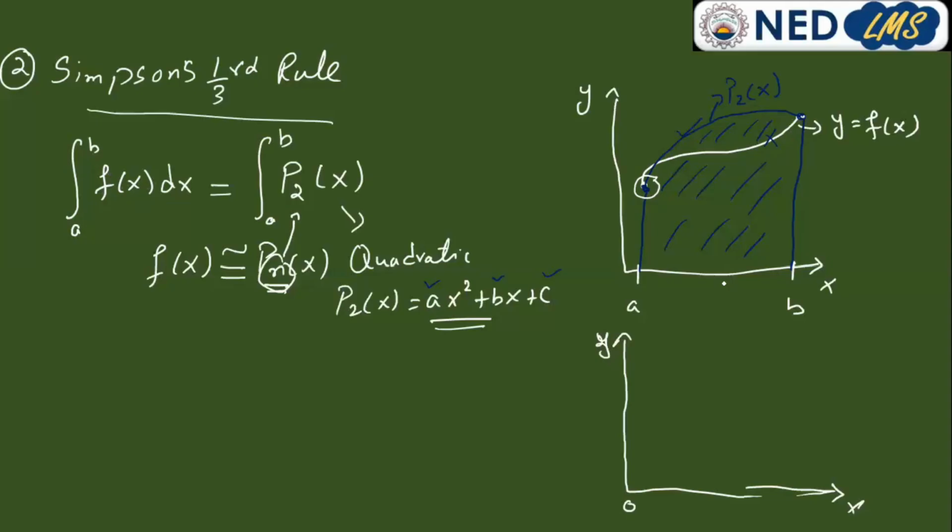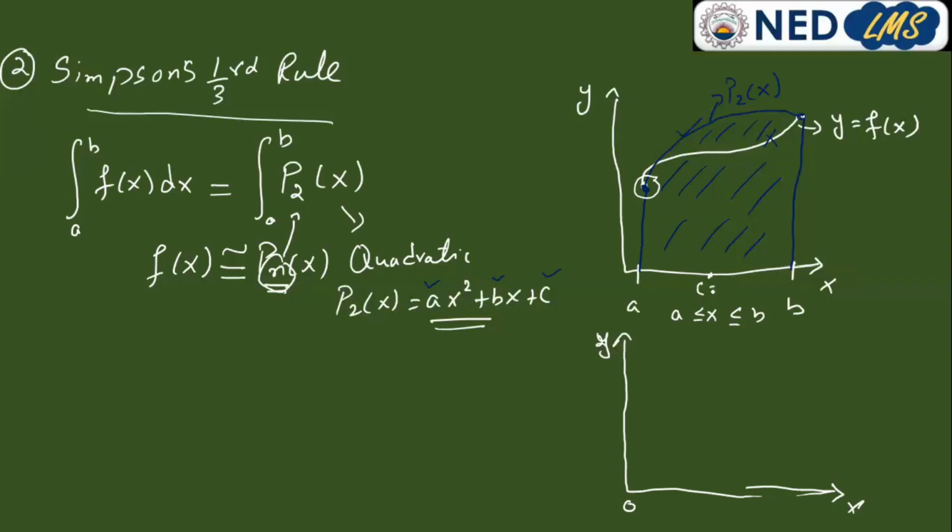But what I know is that I can select any point from a to b, because all the x's are between a and b. For example, in Simpson's one third rule, for our ease, we select the midpoint. If I select the midpoint of this interval, let's call it c.